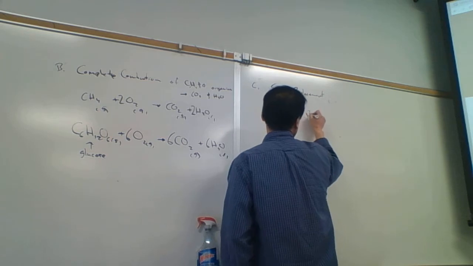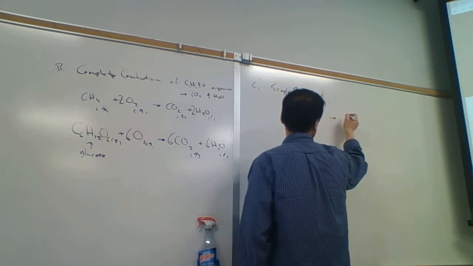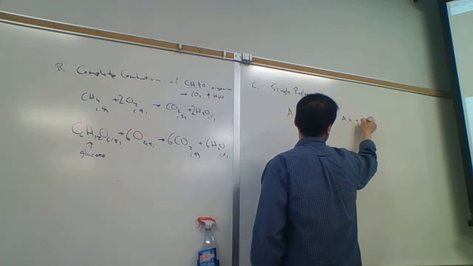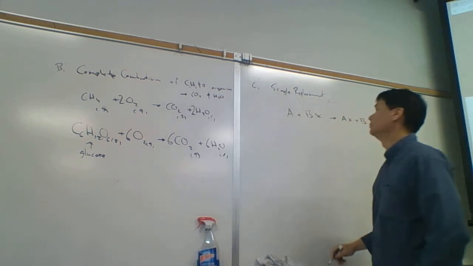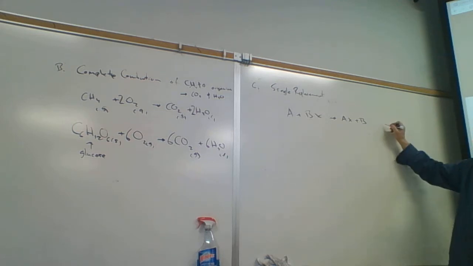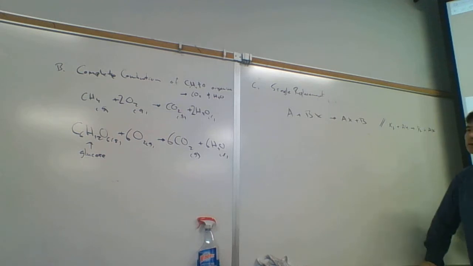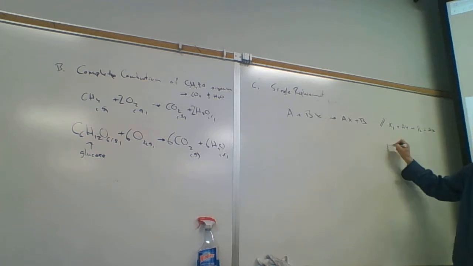A plus BX pattern. A plus BX yields AX plus B. Then we have the X2 plus AY yields Y2 plus AX pattern, plus exceptions.